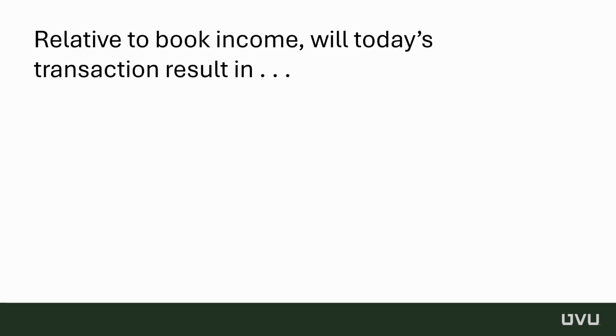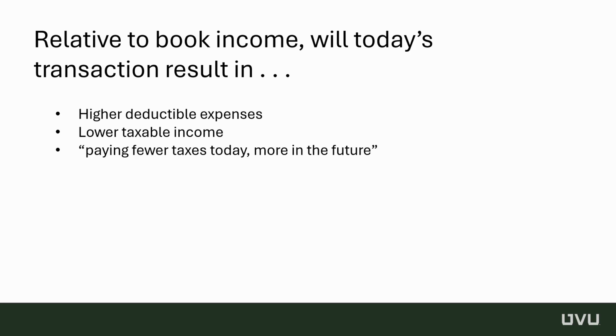And if I can give you one last tool to help you classify these transactions, let me provide the following rule of thumb. For any given transaction, I want you to ask yourself whether, relative to book or pre-tax accounting income, will today's transaction result in higher deductible expenses, lower taxable income, or as one of my former students put it, paying fewer taxes today but more in the future?